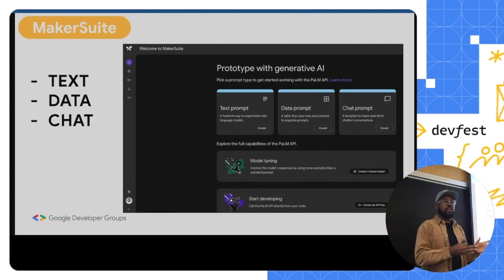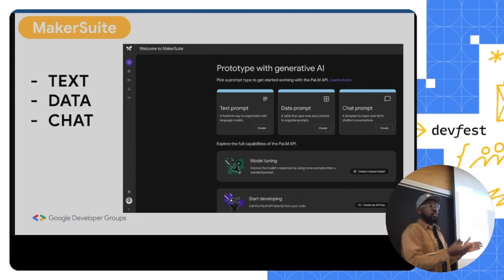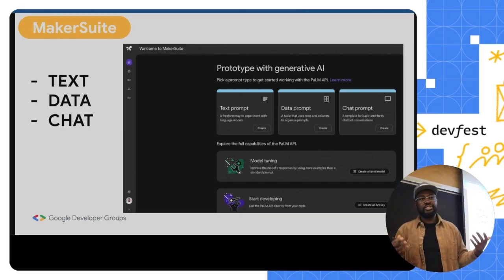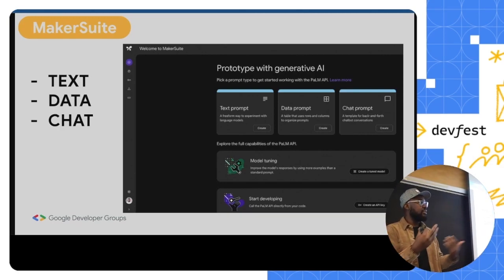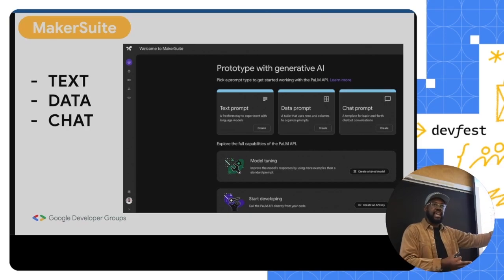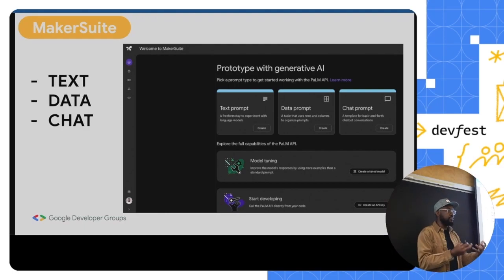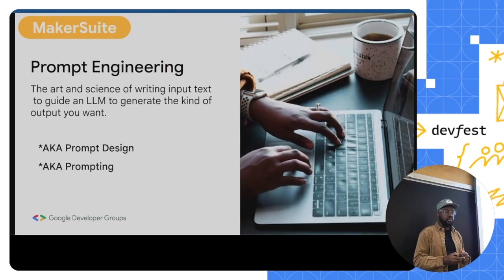And you also have another way to structure your prompt and say, for example, for this input, I'm expecting that output. When you start building that, we call it a data prompt. And something that we know from before generative AI, a conventional way of doing things, that's what we call here the chat prompt. So you have your text, the data prompt, and the chat prompt that you can build with MakerSuite.